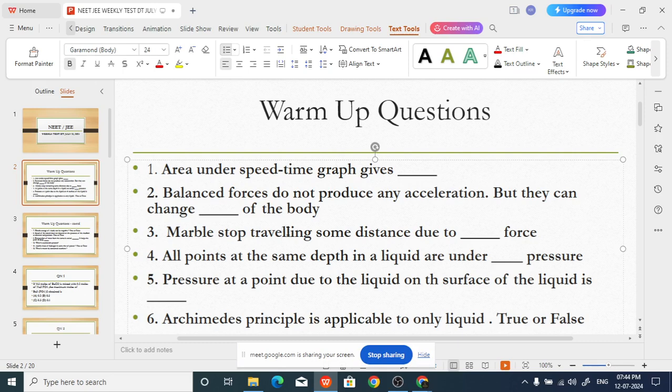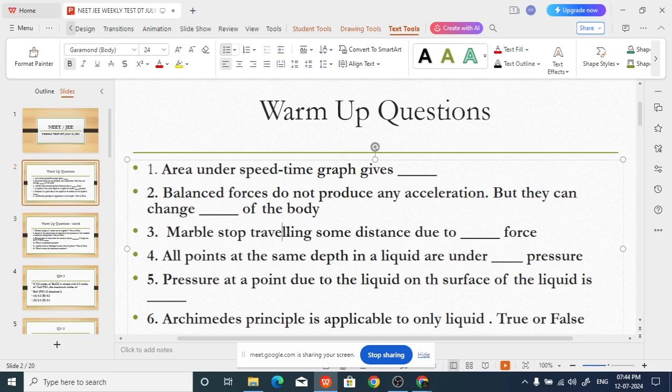What is that force? Suppose you push a tire on the road, it goes some distance and then it stops. Why does it stop?